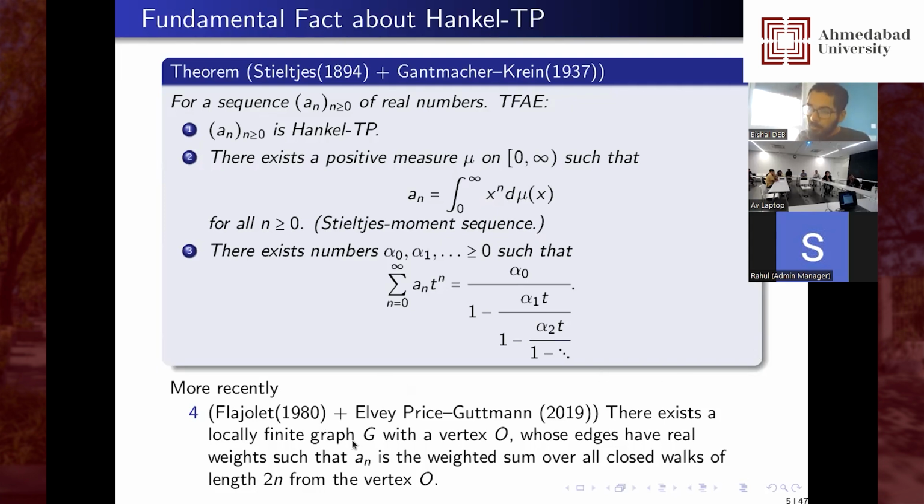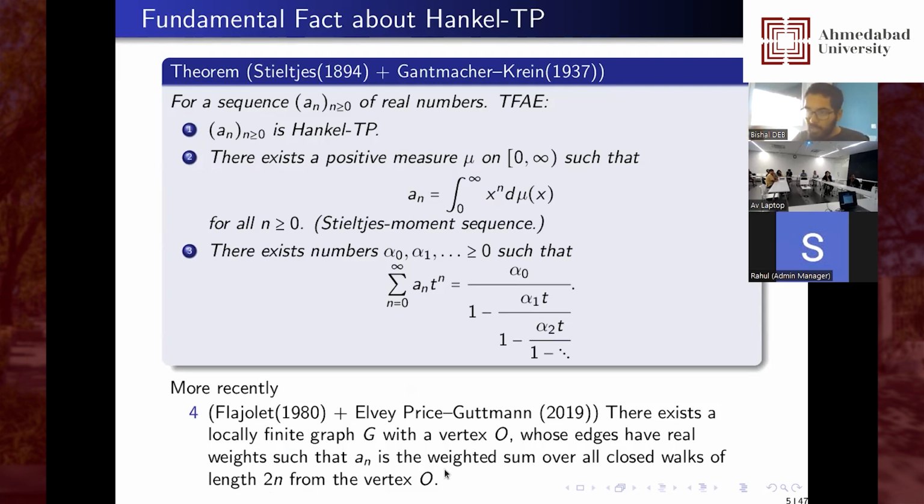Then if it happens that this number a_n, where a_n is a real number, is obtained by starting at the origin vertex, going across the graph and coming back to the origin, and the length of your walk is 2n, you take all such walks and you add all the weights.